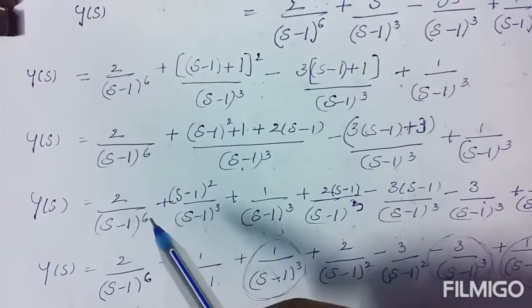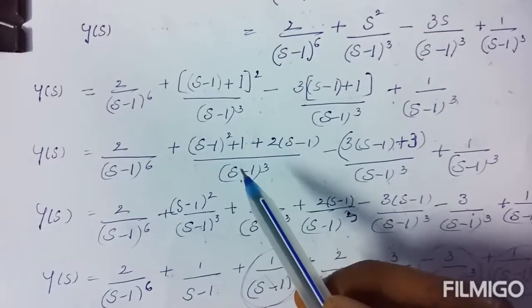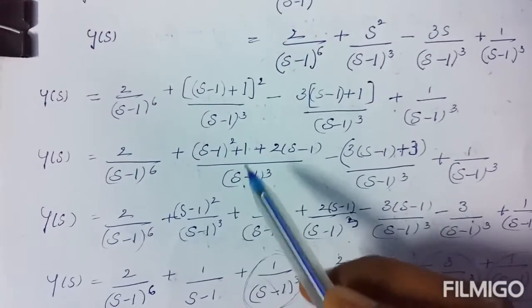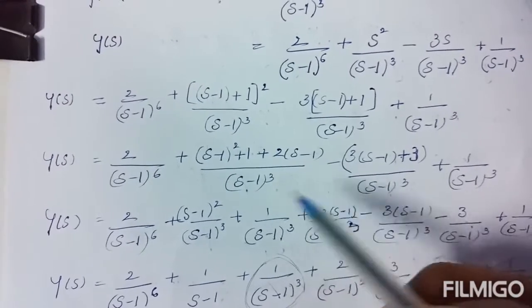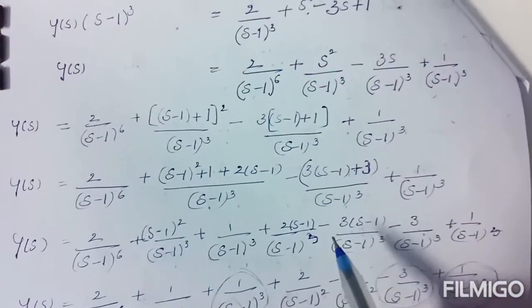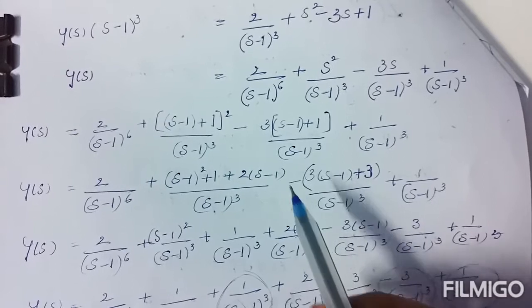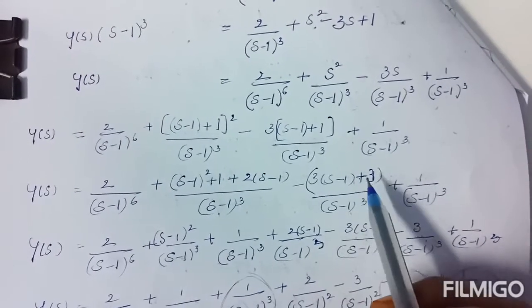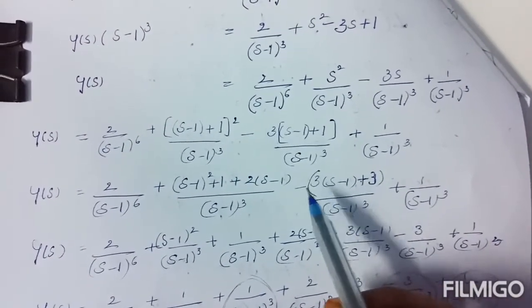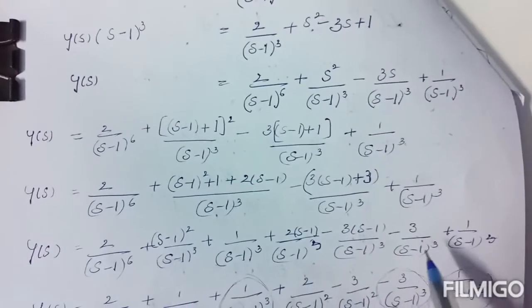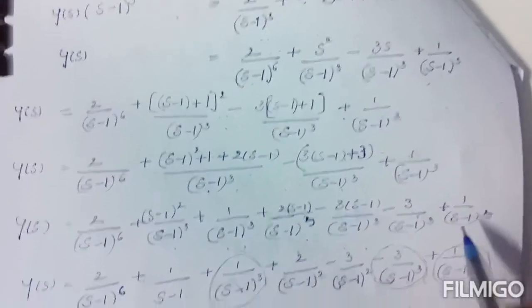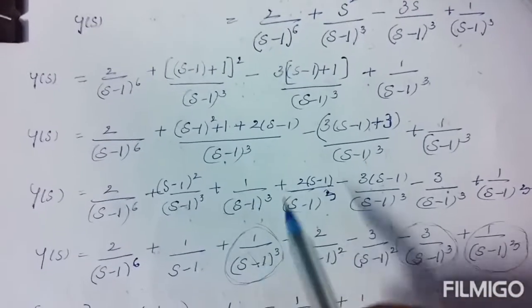After that, y of s equal to 2 by s minus 1 whole power 6, first term by LCM plus second term by LCM plus third term by LCM, minus 3 into first term by LCM, minus 3 into 3 here. This is minus 3 by s minus 1 whole cube plus 1 by s minus 1 whole cube. Now simplification.